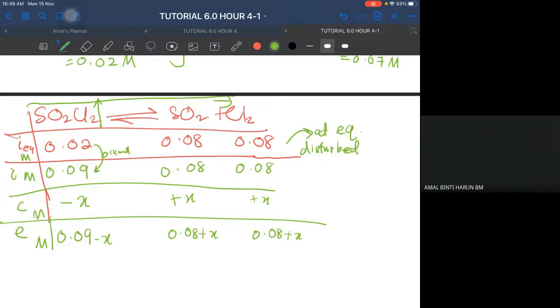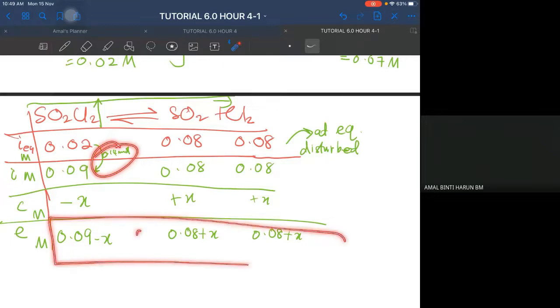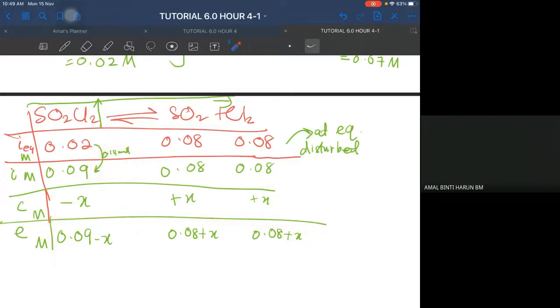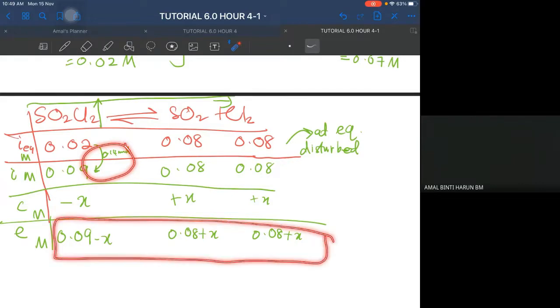Okay, adakah dengan berubahnya, okay, dengan kita tambah concentration ini, the Kc di sini akan berubah? Okay, I repeat my question. By adding the concentration of sulfuryl chloride, will the Kc of this new equilibrium change?